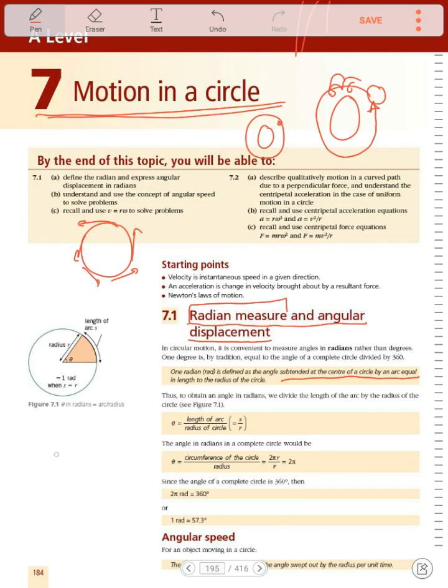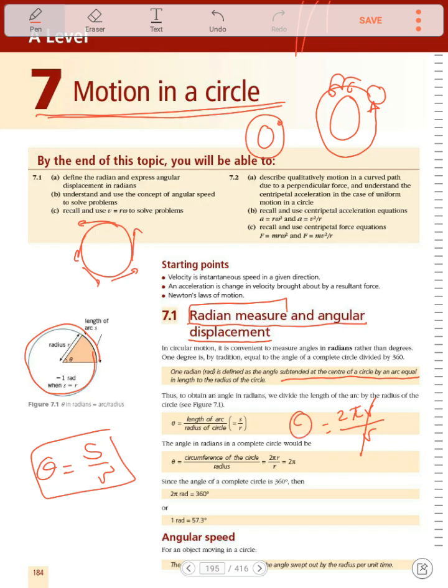Okay? So we can find the value theta. It's equal to the length of the arc divided by the radius of the circle. This is the radian measure. Now, if we take the circumference of the circle, which is 2πr, and divide it by the radius, we have the full angle, which is 2π. 2π rad is 360 degrees.